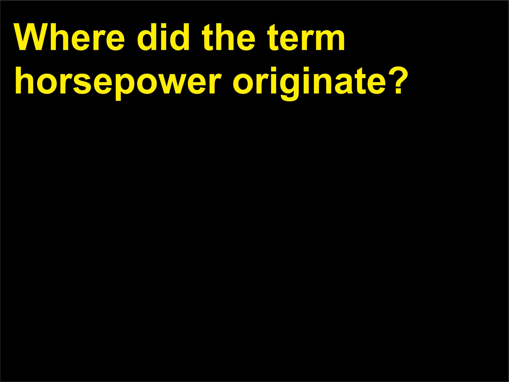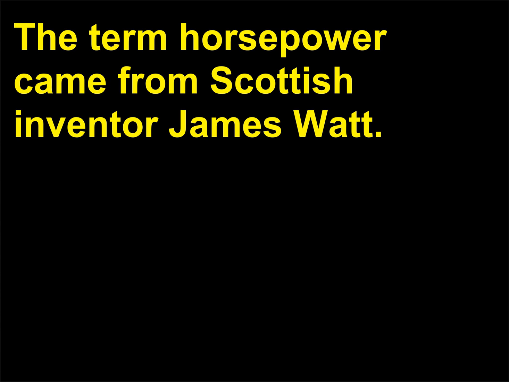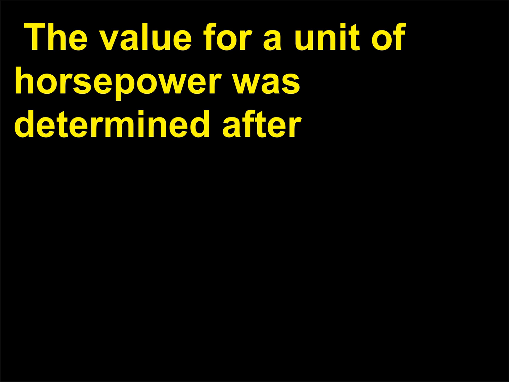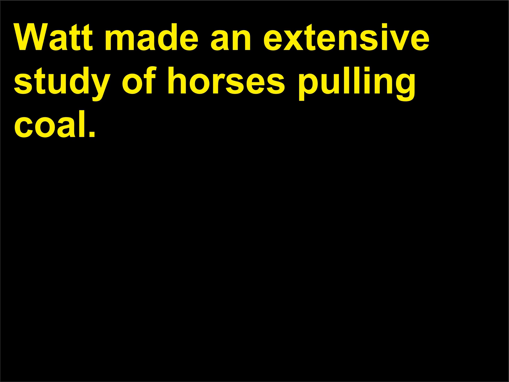Where did the term horsepower originate? The term horsepower came from Scottish inventor James Watt. The value for a unit of horsepower was determined after Watt made an extensive study of horses pulling coal.